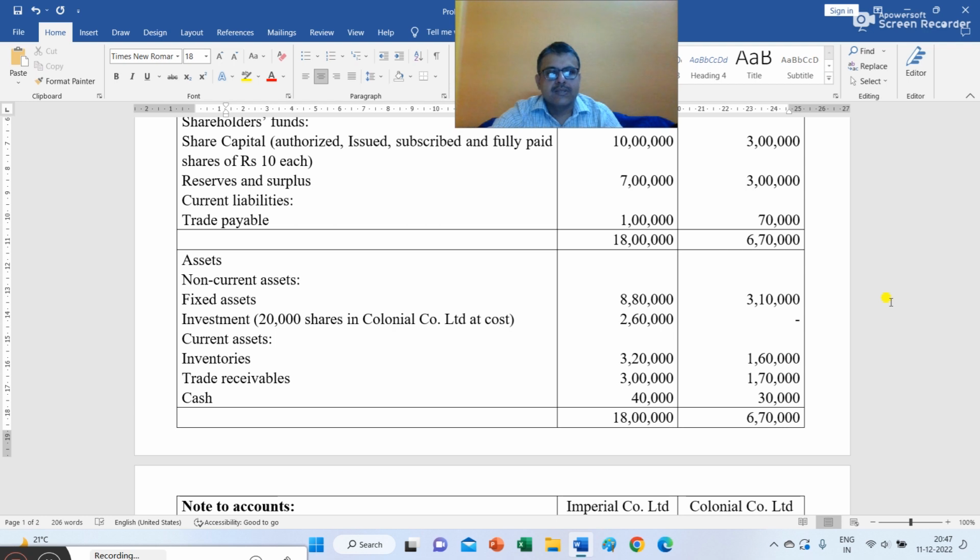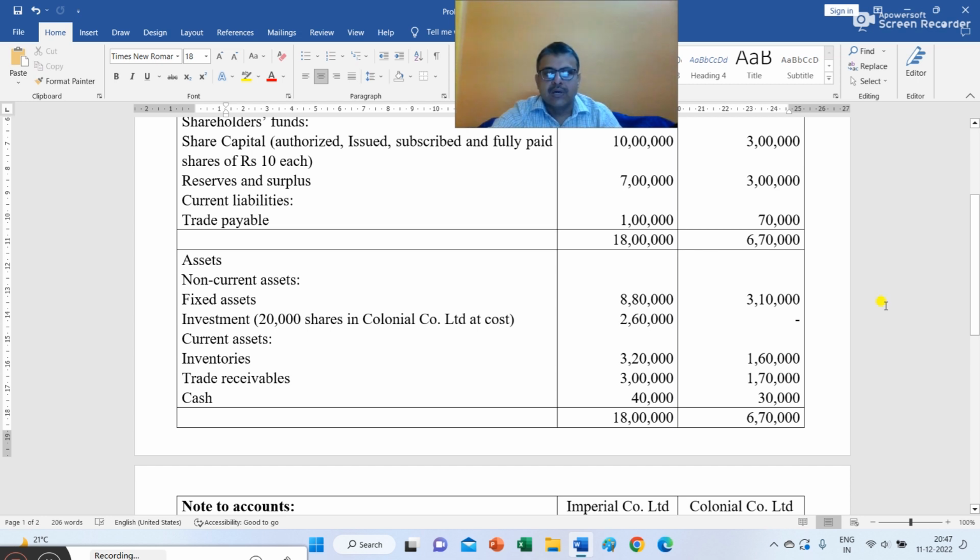And the current assets: we have inventories 3 lakh 20,000 and 1 lakh 60,000 for the two companies. Trade receivables for Imperial Company Limited is 3 lakh and that of Colonial Company Limited is 1 lakh 70,000. We have cash of rupees 40,000 and 30,000. So total of the asset side of Imperial Company Limited is 18 lakh and that of Colonial Company Limited is 6 lakh 70,000.